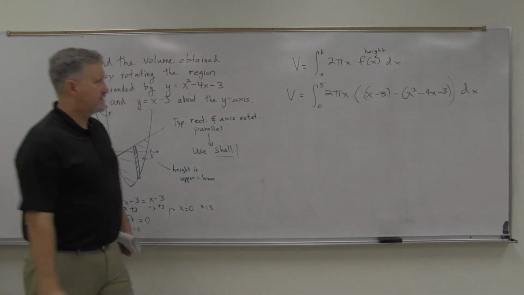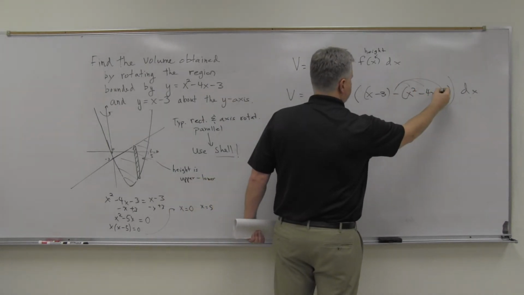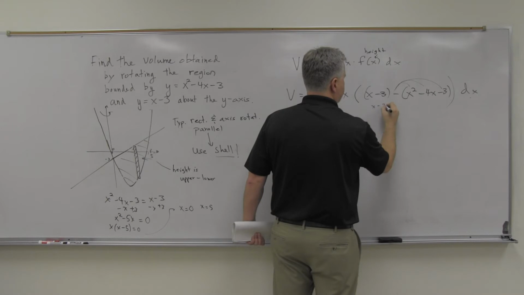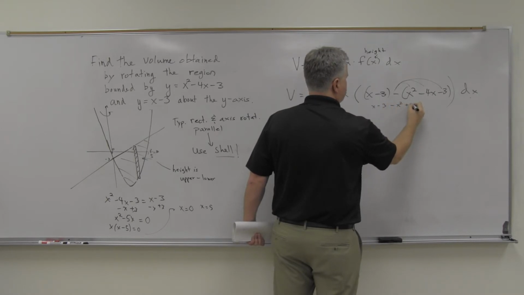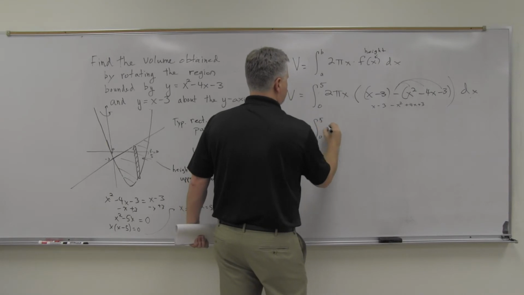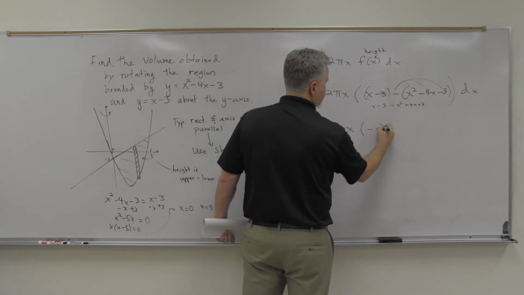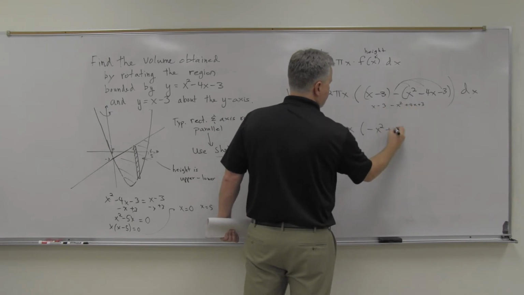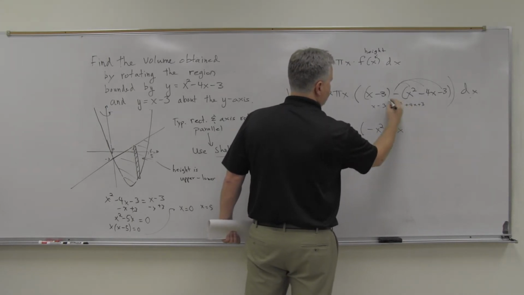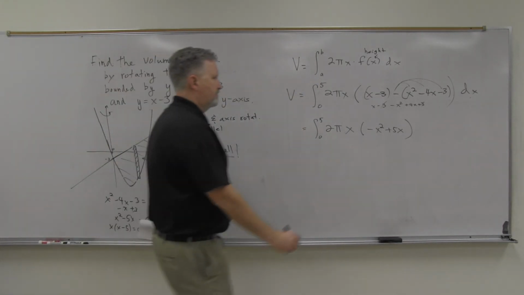So let's simplify in the parentheses here first. That would be x minus 3 minus x squared plus 4x plus 3. So the parentheses will simplify to minus x squared, put them in order, plus 5x, minus 3 plus 3, those are going to go out. So parentheses simplifies to minus x squared plus 5x.